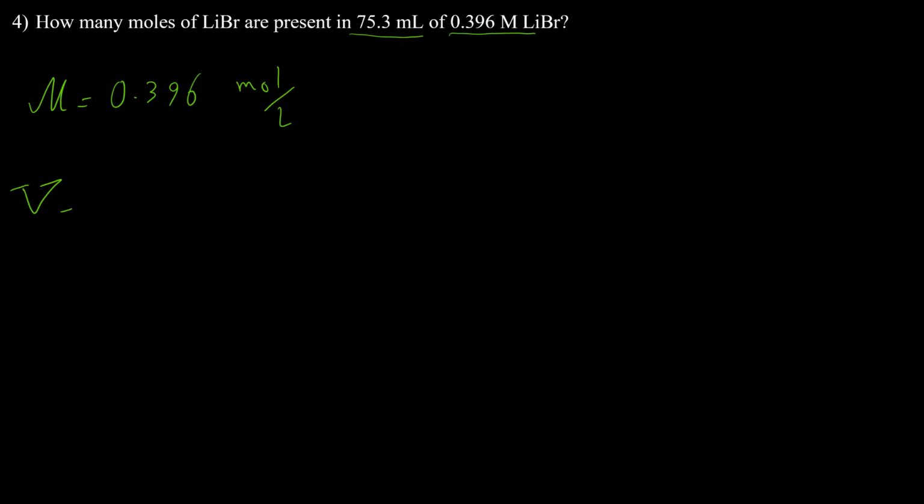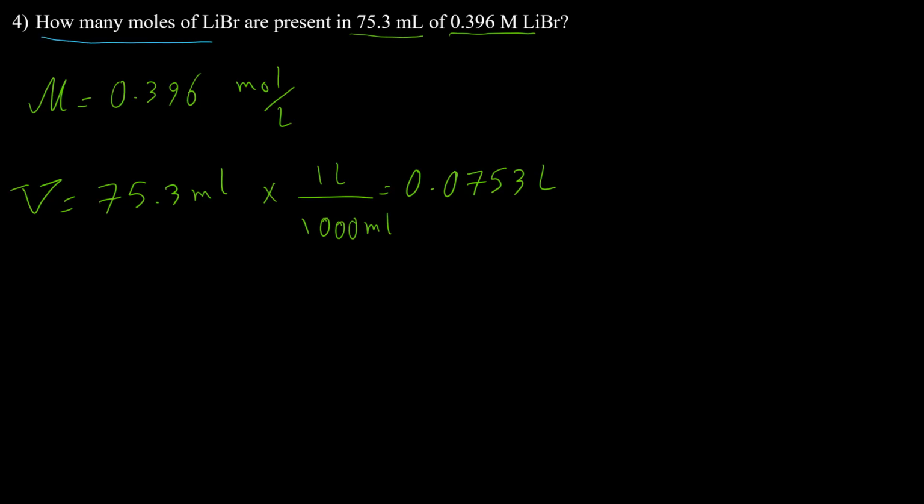We also have volume, which is 75.3 milliliter. If I divide it by 1000, since 1000 milliliter is 1 liter, it will be 0.0753 liter. So we have volume, we have molarity, and the question asks how many moles.